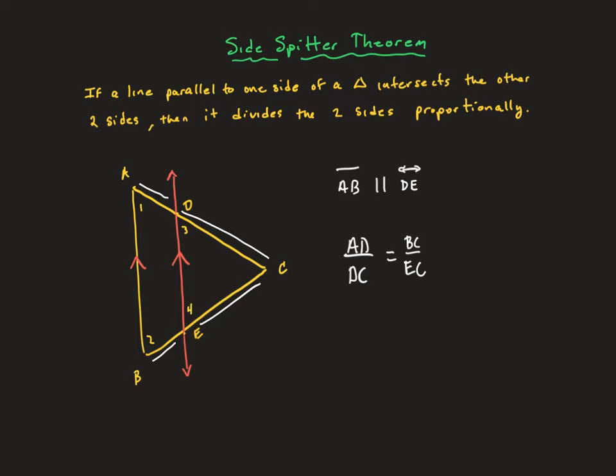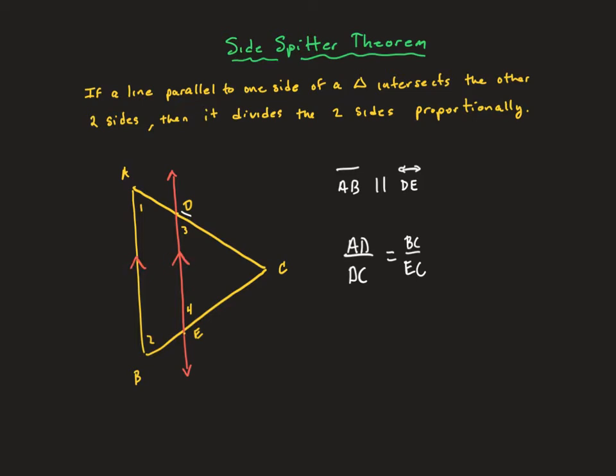We know that for triangle ABC, AB is parallel to DE.